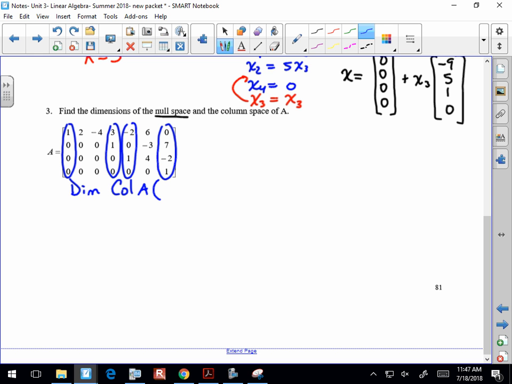I'm actually just going to indicate what they are. So C1, C4, C5, C7 is going to be equal to 4. Oh, row space, not even there yet.